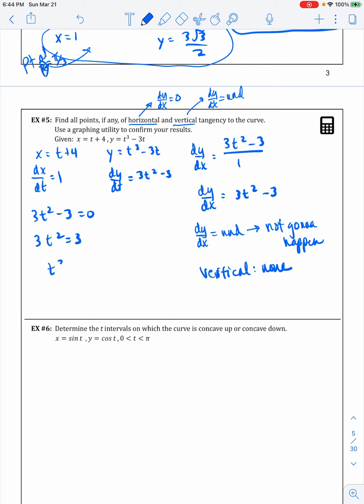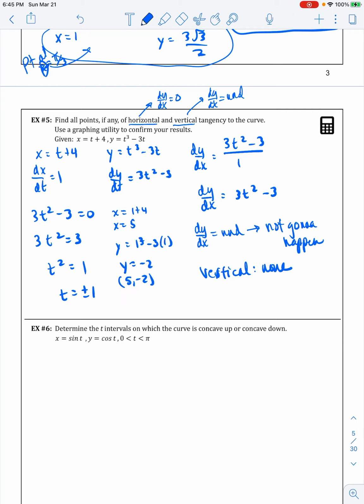3t squared equals 3. t squared equals 1. t equals plus or minus 1. Those are the two places where you're going to have horizontal tangency. If I put t equals 1 in, I get 1 plus 4 for x, so x is 5. And y would be 1 cubed minus 3 times 1, which is negative 2.